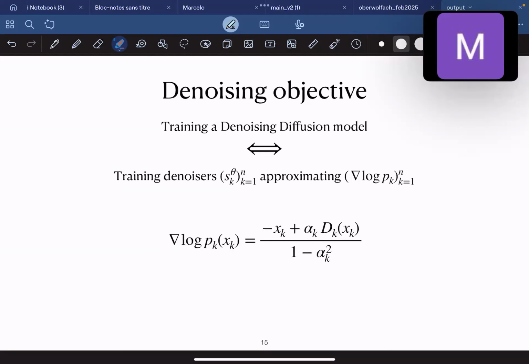So learning a sequence of denoisers, based on this relation, is equivalent to learning a sequence of scores approximating the sequence of ideal scores of my original noising process. I will be using these two viewpoints of diffusion models, so I need to introduce both of them, because it's very convenient to go from one to the other from time to time.